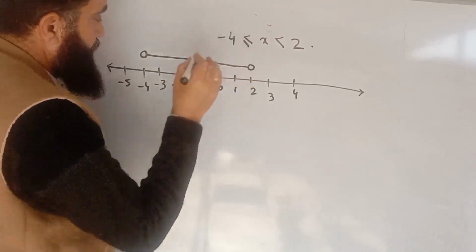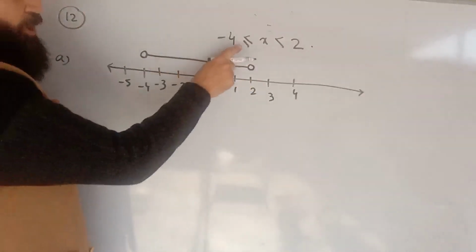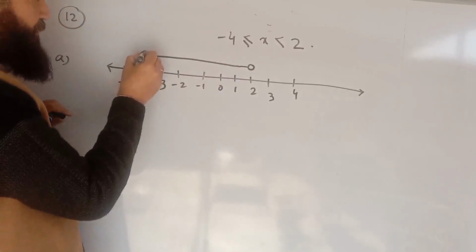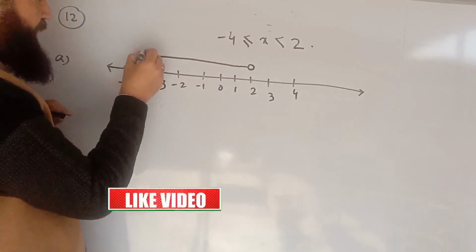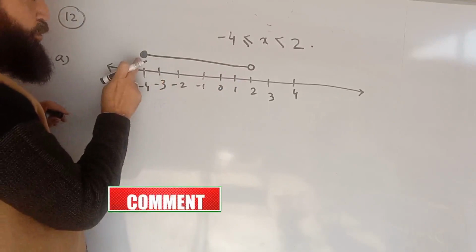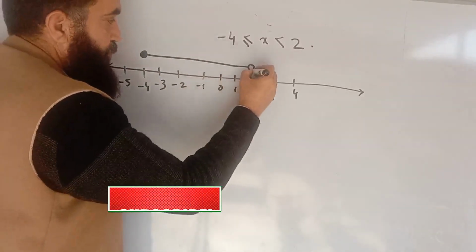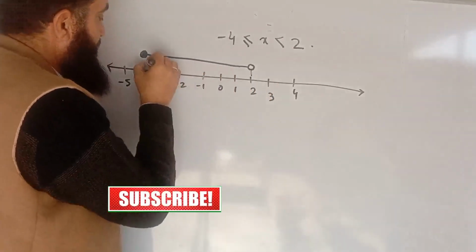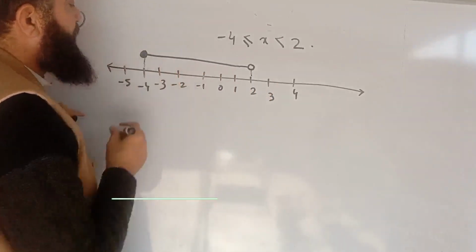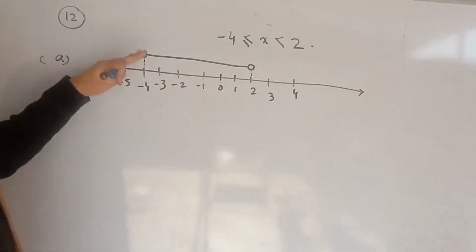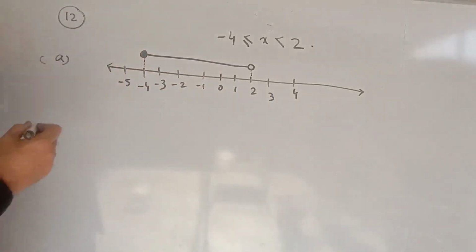But here is an equal sign, so this circle will be solid. We will fill it. It shows that -4 is included, but 2 is not included. It should be an open circle at 2, and a solid circle at -4. So this is how you represent an inequality on the number line.